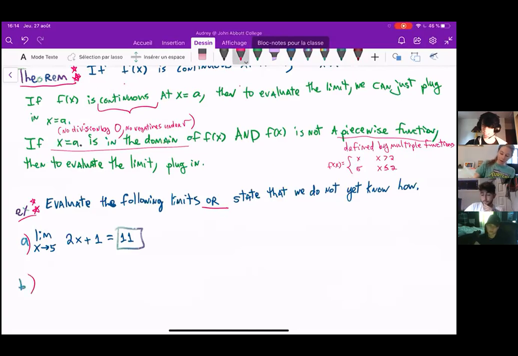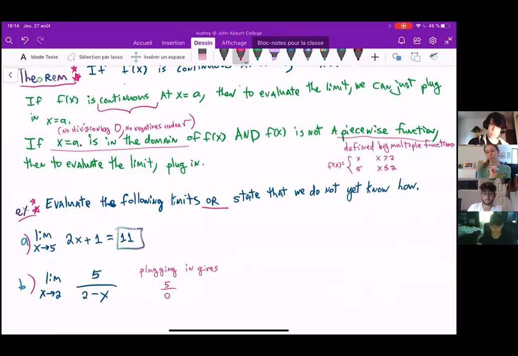Okay, what about if I were to do the limit as x approaches 2 of 5 over 2 minus x? What happens when I plug in? I get division by 0. So here, plugging in gives 5 over 0. Was division by 0 one of the problems? If you plug 5 over 0 into your calculator, will it give you an error?